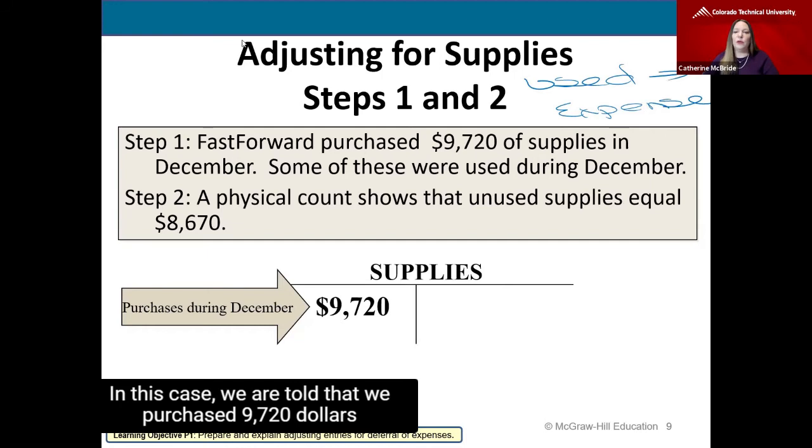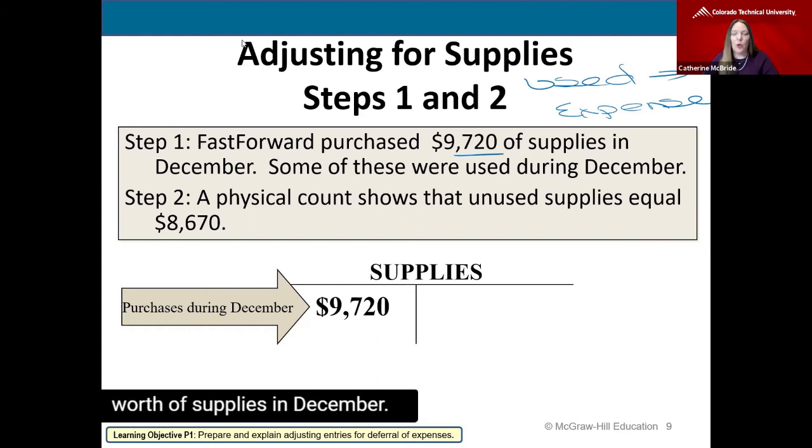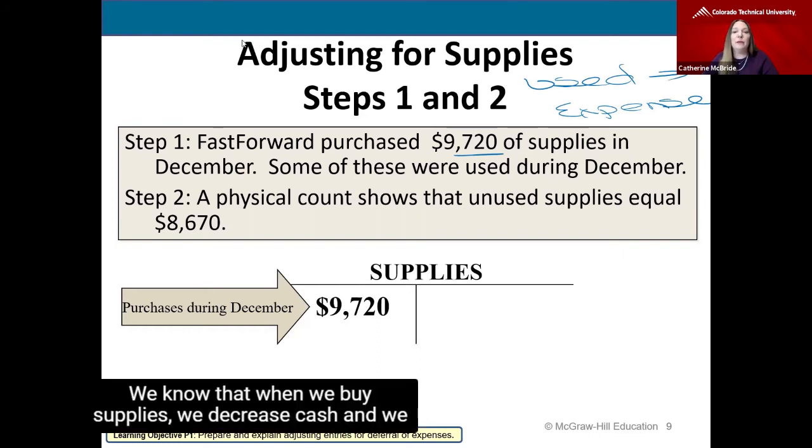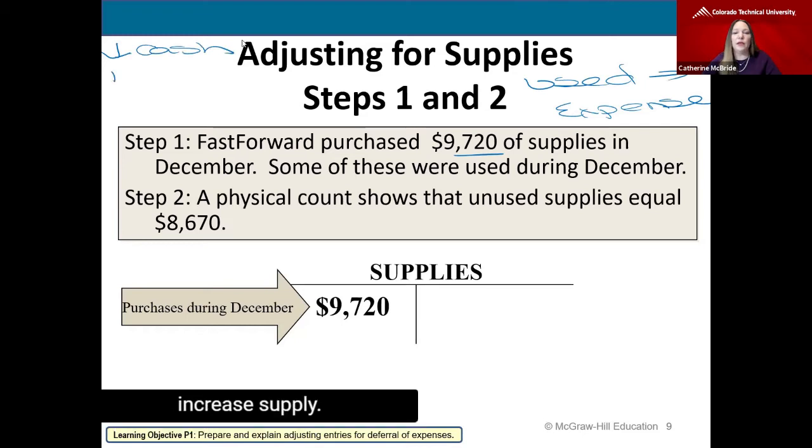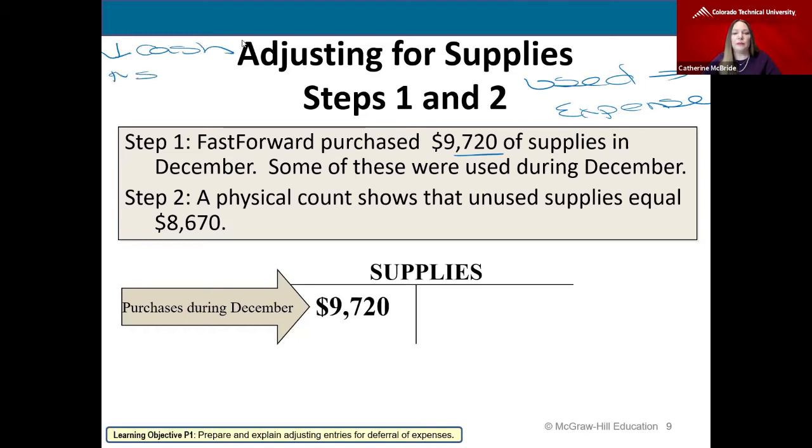In this case, we're told that we purchased $9,720 worth of supplies in December. We know that when we buy supplies, we decrease cash and we increase supplies.